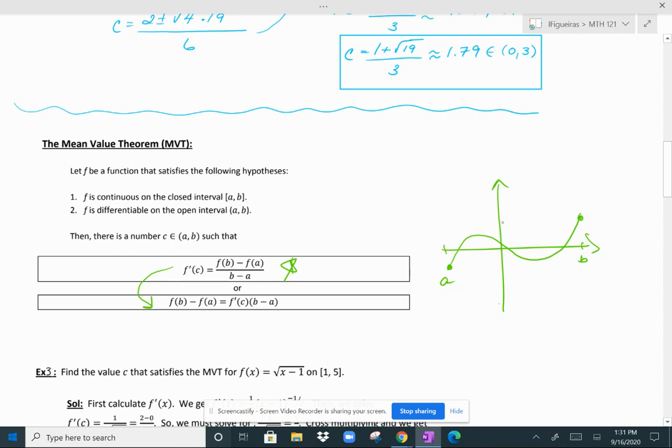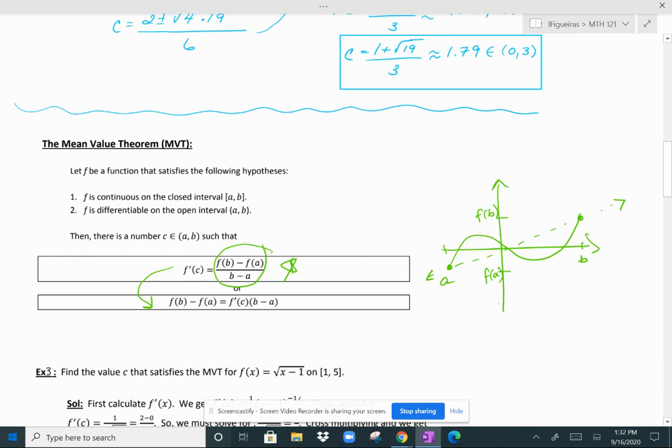Then the value where their y value would be f of b and f of a. And if I drew a line across this curve, that would give me a secant line to the curve because it would be intersecting at two places. And so the slope of that secant line would be the right side of the formula.